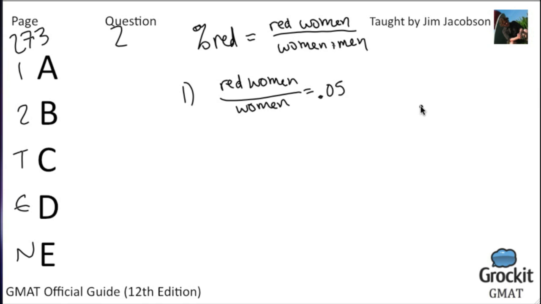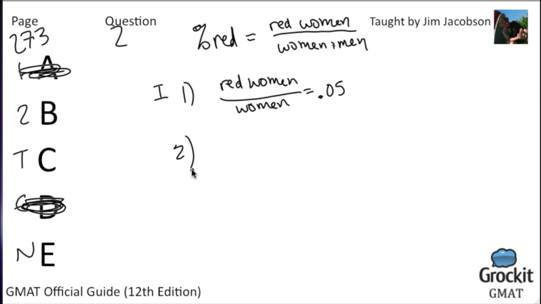There's no other information about the men in the group. I guess I have to say I cheated a little bit. I know there's men in the group because that's in statement 2. Forgive me for that one. We would have figured that out eventually, though. So statement 1 on its own is insufficient. We can cross off numbers 1 and 4, choices A and D.